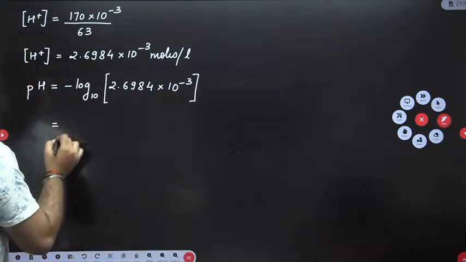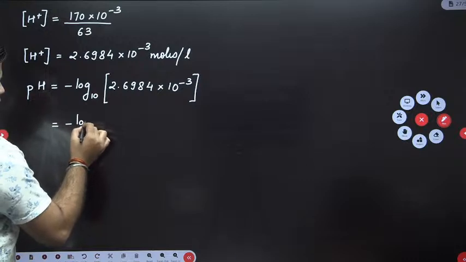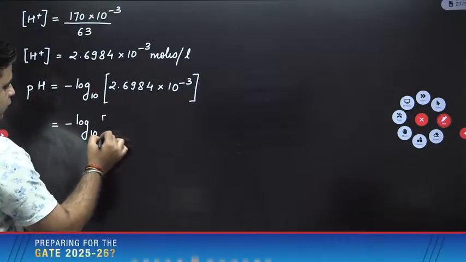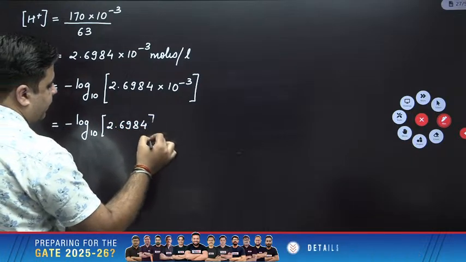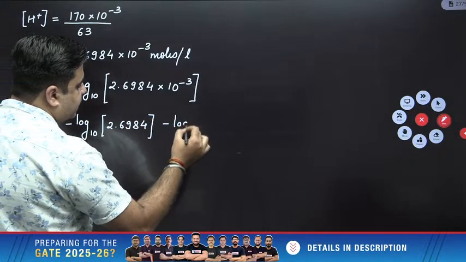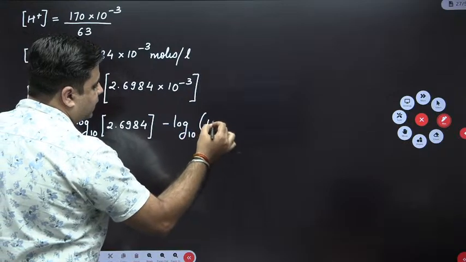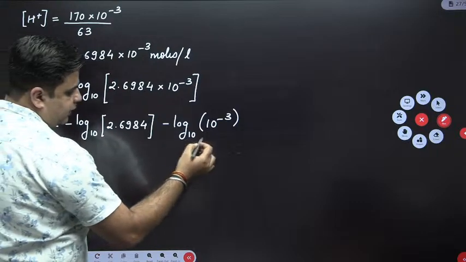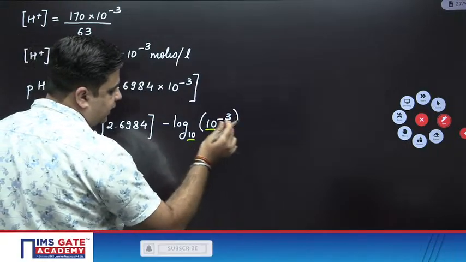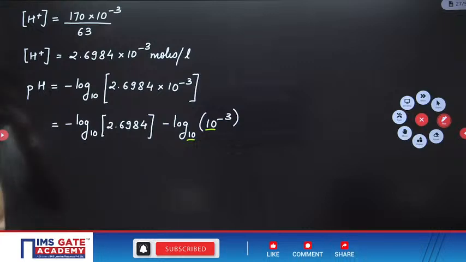So this can be written as minus log to the base 10 of 2.6984 minus log to the base 10 of 10 raised power minus 3. Right. So when the base is the same as the number inside, this power will come out in front.